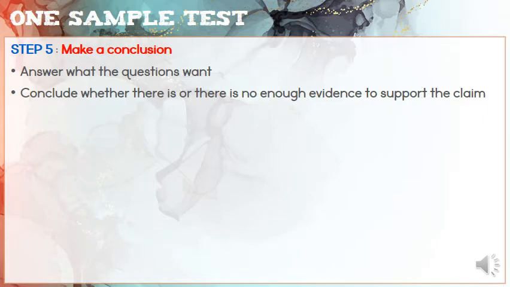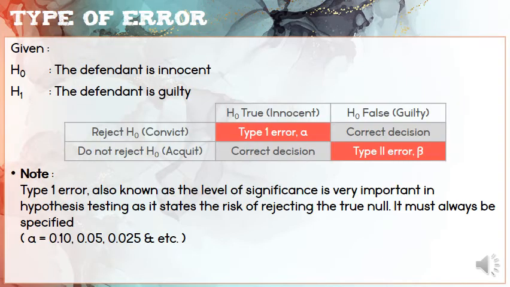Okay. Now lepas you dah decide, kita make conclusion. So kita nak make conclusion ni, kita bagi tahu whether there is sufficient evidence to reject or not to reject, or insufficient evidence to not reject your H null. Lepas tu you explain to support the claim lah. Okay. So sebelum kita tengok example, now there are 2 type of error dalam hypothesis testing ni.